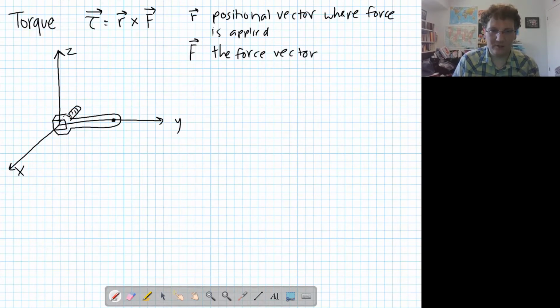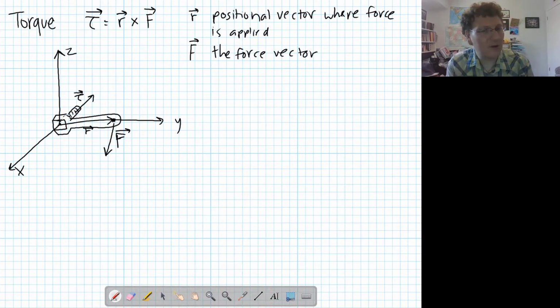The vector going from the origin to the point where I'm applying the force is my R vector, and we push down in that direction, that's my force vector. Then my torque vector is going to be going in that direction.